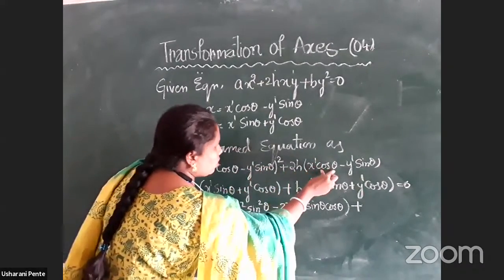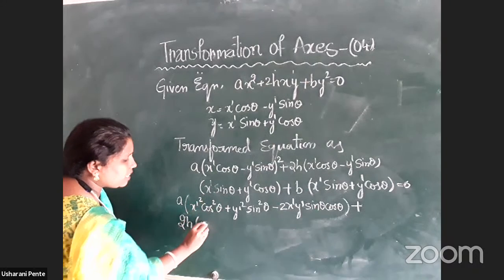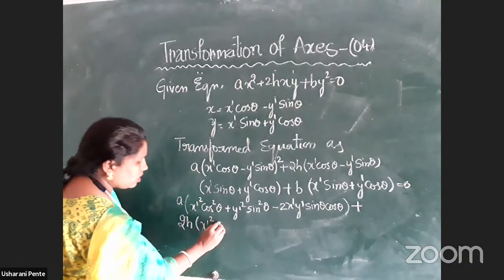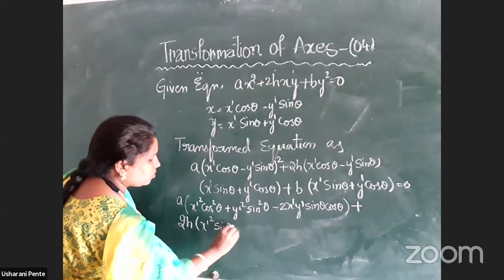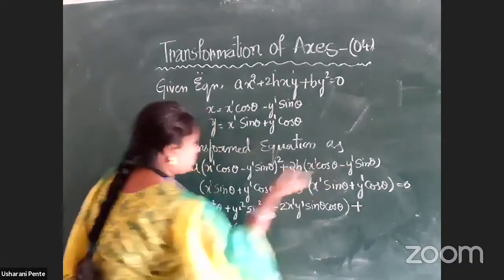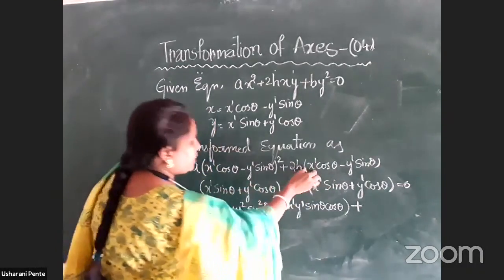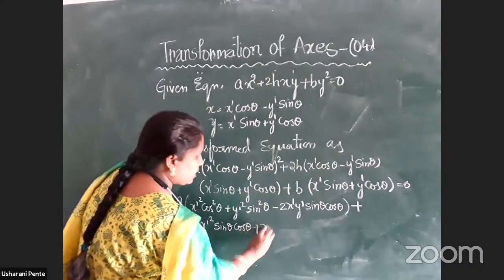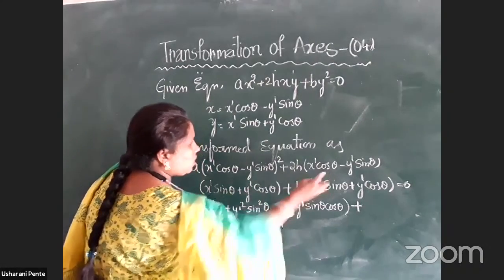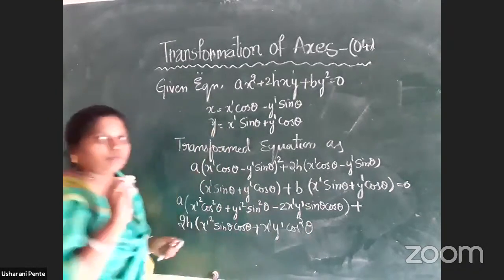plus 2h into, we need to take these two terms and multiply. x dash cos theta into x dash sin theta is x dash square sin theta cos theta. And plus of plus will be plus, x dash cos theta into y dash cos theta is x dash y dash cos square theta.